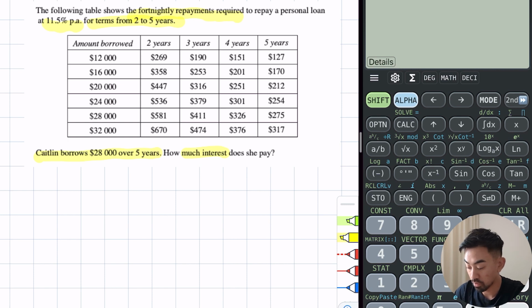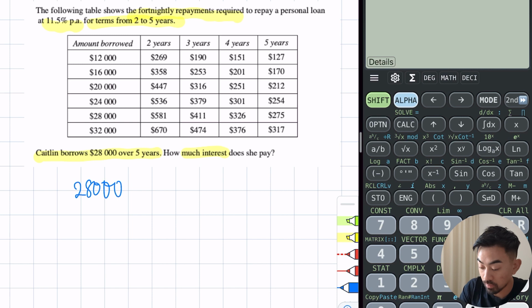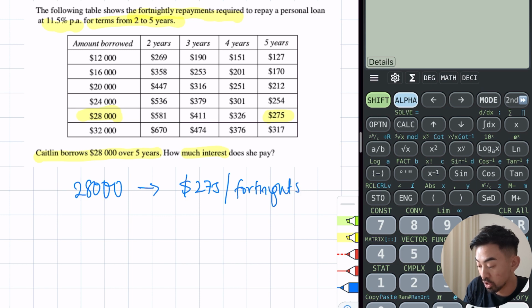Okay, so first of all, her principal is $28,000, which you can see here, $28,000, and she's repaying that over 5 years. So that is going to be $275 per fortnight, because that is what the table is in terms of.